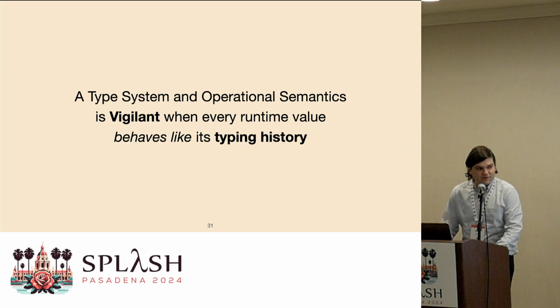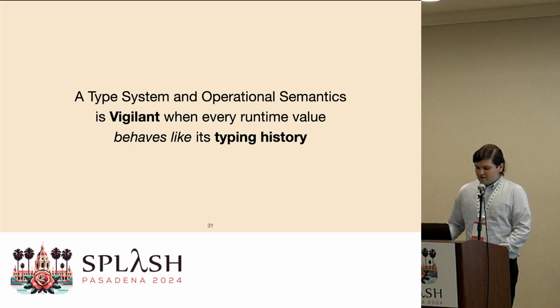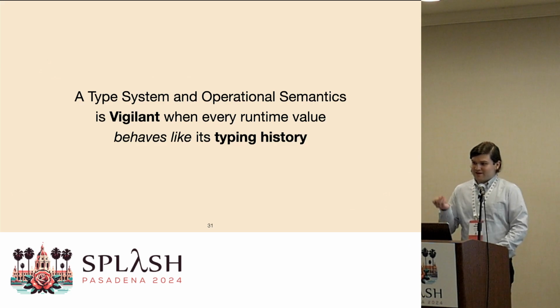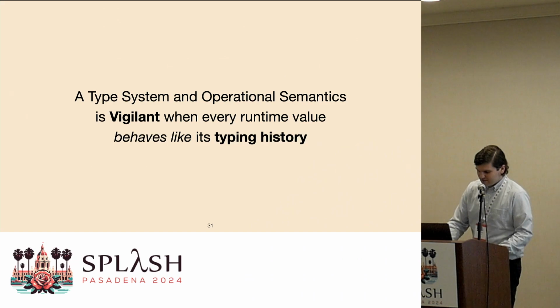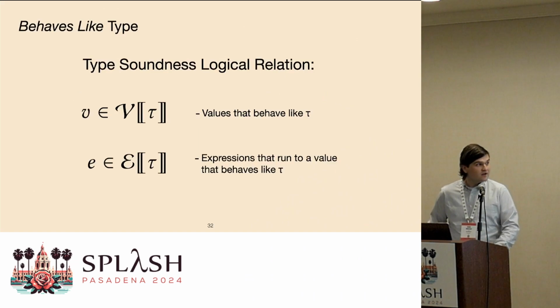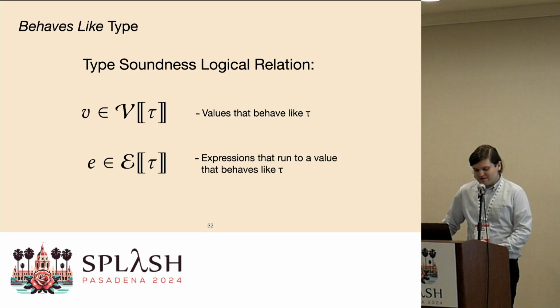Okay, so there's a couple things to tease apart here. Exactly what do we mean by behaves like a type? How do we know what typing history is associated with a runtime value? And what does it mean to behave like a typing history? So starting with behaves like a type, we're going to use a particular kind of semantic model called a type soundness logical relation.